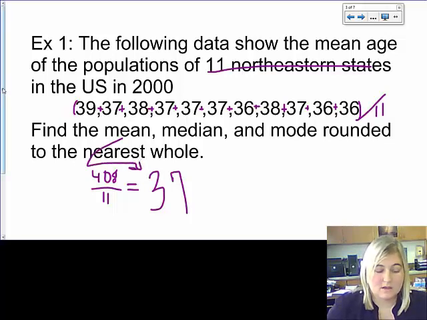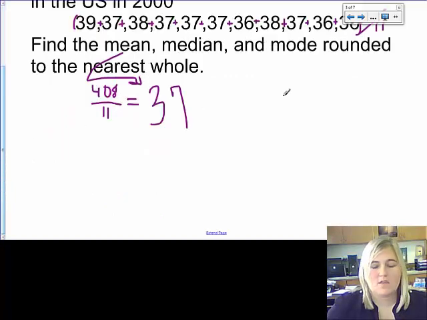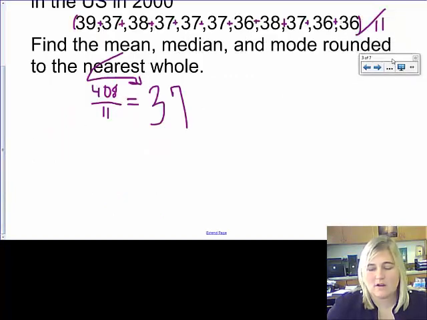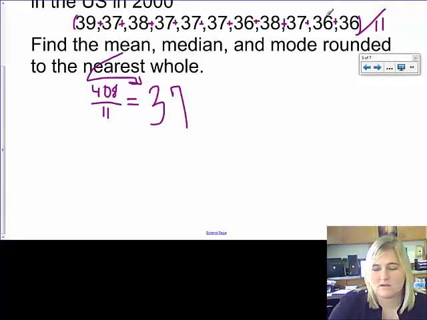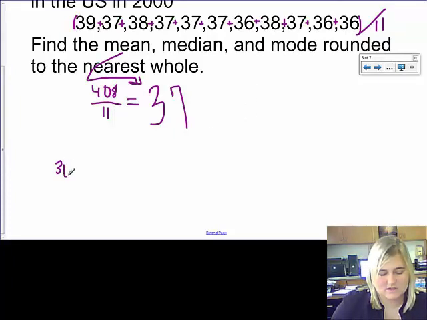For the median, we have to arrange the numbers in order from least to greatest. So the smallest number is 36, which happens 3 times. So I have 36 3 times. Then I have 37. I want you, whenever you do this, to actually list them out.